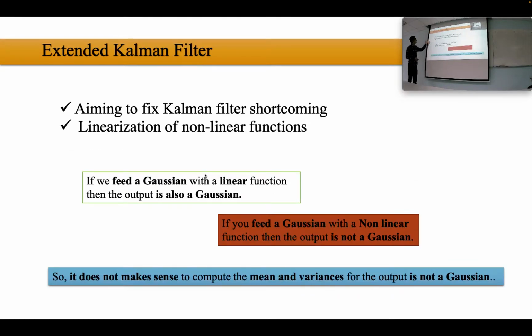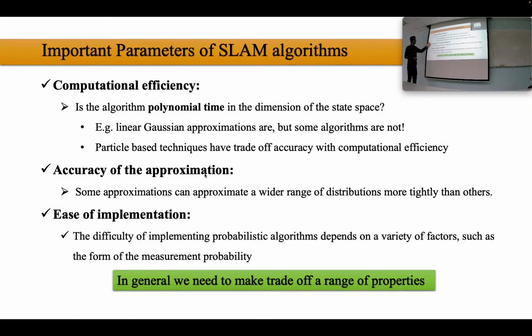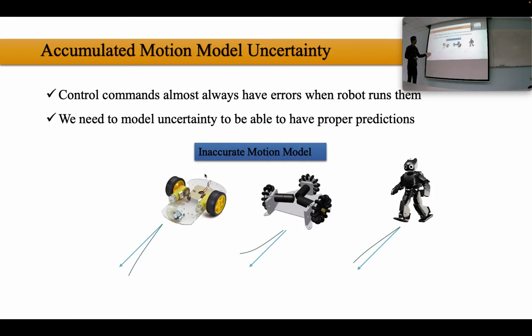Then we also talked about the general specification of each one of those algorithms. Then we said that we have inaccurate motion control commands: you have a robot, you send it to go 1 meter, and instead of 1 meter, it goes 1.5 meters.